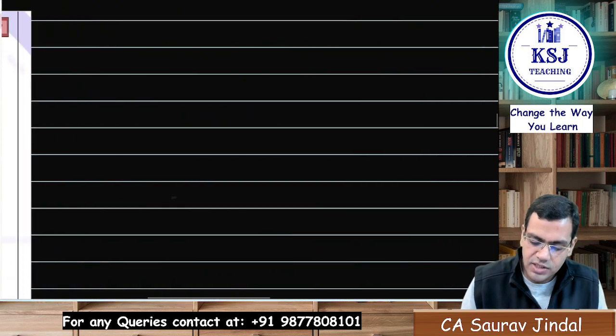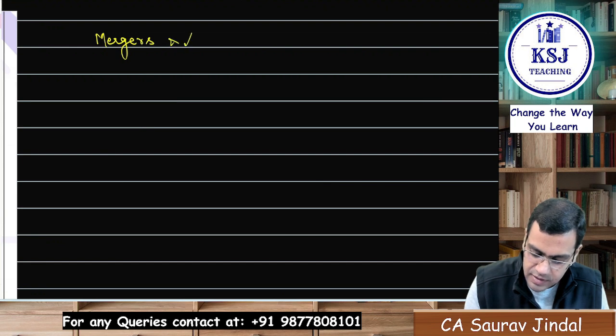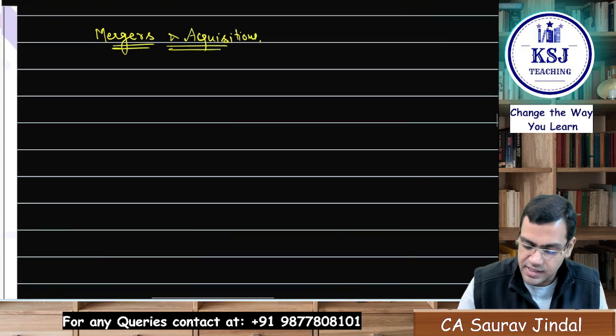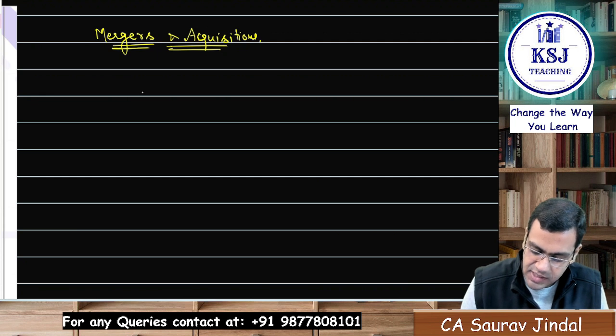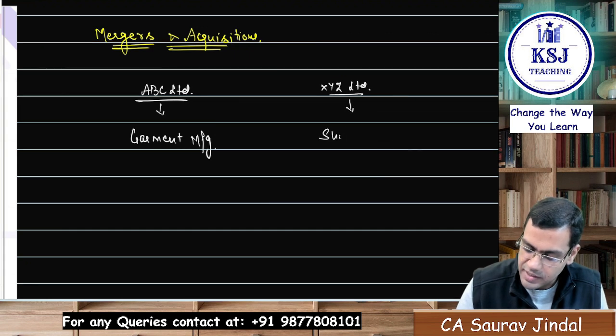Now what are mergers and acquisitions? Just understand a few things about mergers and acquisitions, right? What is the benefit, why it is being done by the business. Now there is a particular company, let's say ABC Limited, right? This ABC Limited is into garment manufacturing, and there is another firm, XYZ Limited, which is into shoe manufacturing.